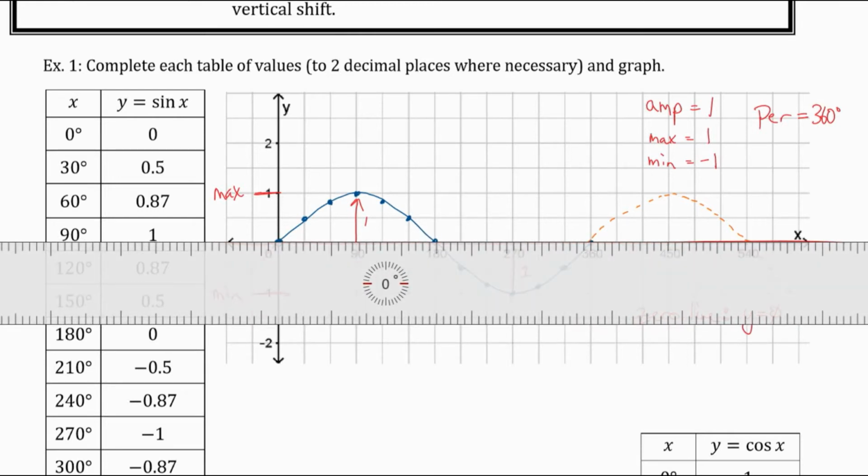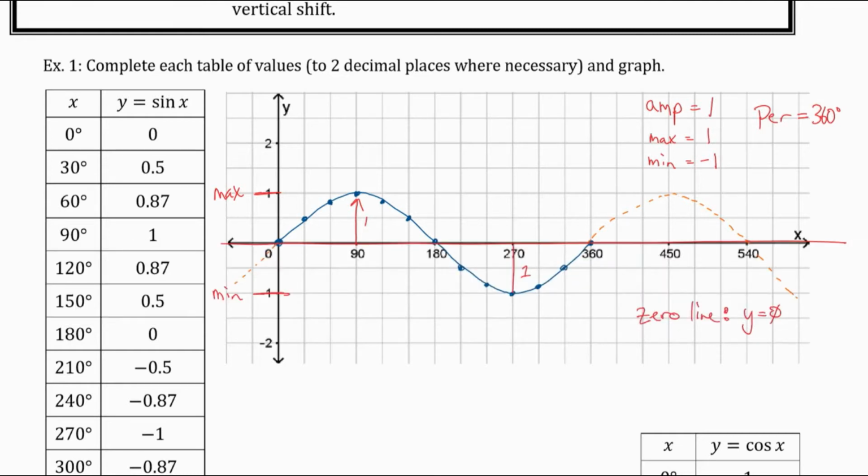So this line where I start from that line and I go up to the max, and I go down from that middle line to the min, okay? That line is going to have a special name for us, and that's going to help us graph. We call it the zero line, and for the parent function, it is y equals 0.